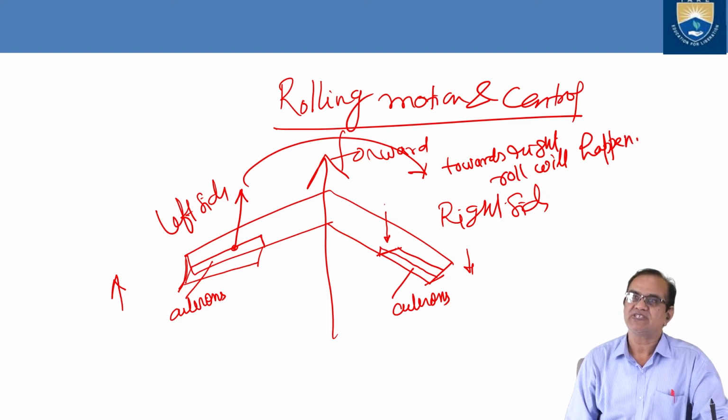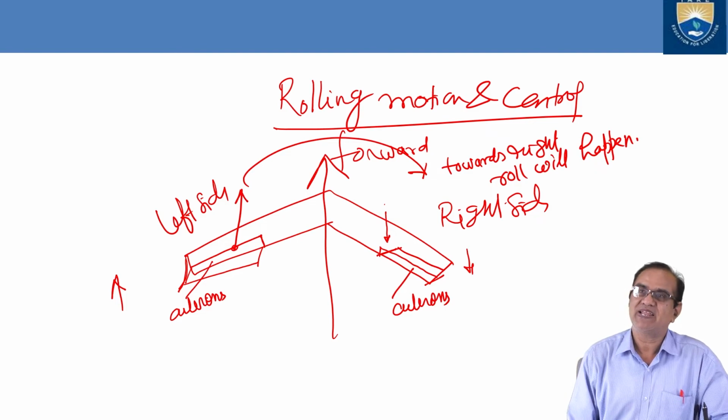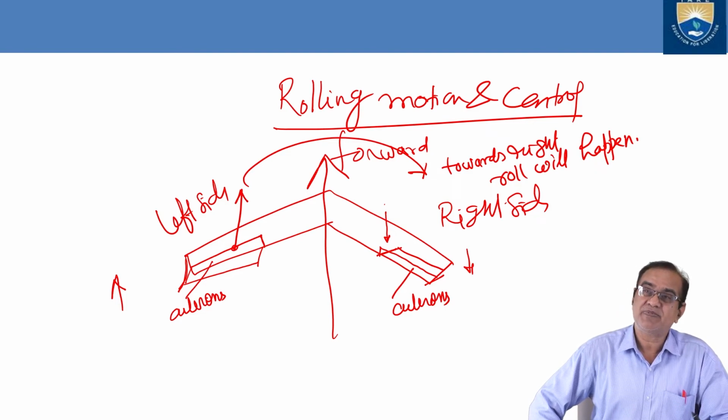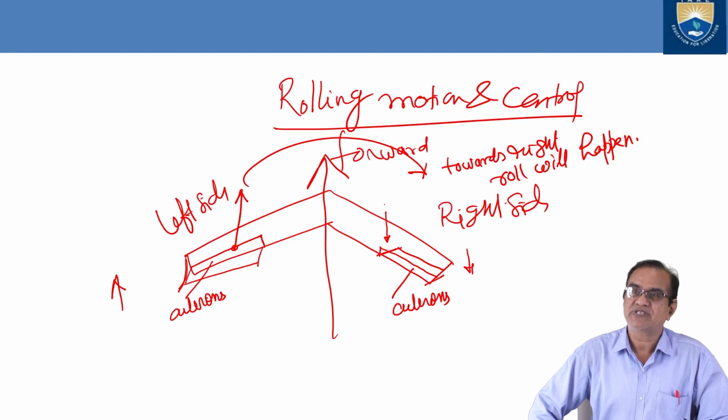Okay. So in this way, I have explained all the three primary control surfaces which are used on the aircraft. On any aircraft, these primary control surfaces will be there.